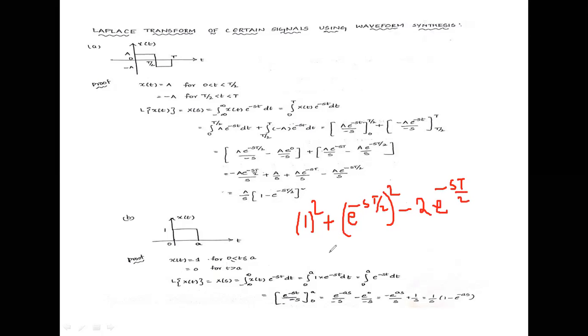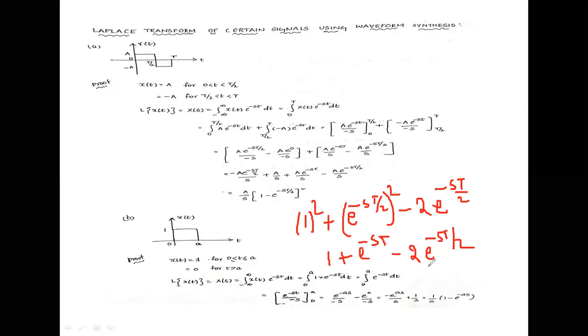You can see, e power minus st can expand the function: 1 whole square plus e power minus st by 2 whole square minus 2 into e power minus st by 2. This is after expanding the a minus b whole square formula. 1 plus e power minus st by 2 whole square means 2 gets cancelled. It becomes e power minus st minus 2 into e power minus st by 2.